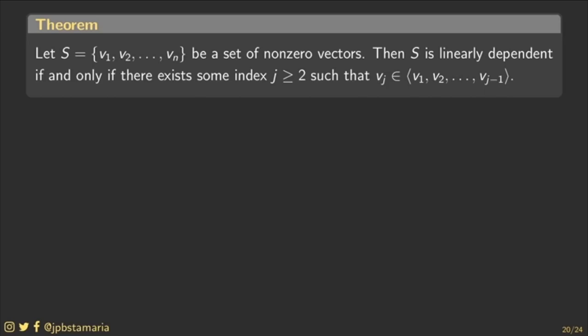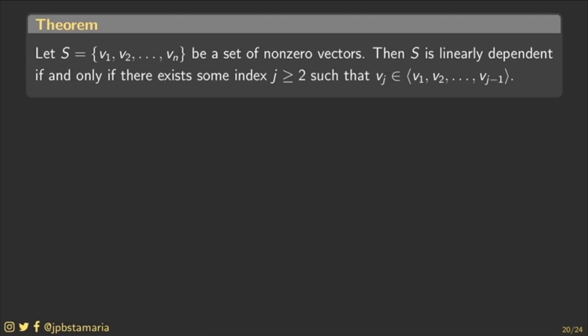It turned out that if you have a set of non-zero vectors, we don't want 0 here because if one of these is 0, we already have a conclusion: dependent. So assuming that these vectors are not 0, then according to the theorem, S is linearly dependent precisely when there is a redundant vector.